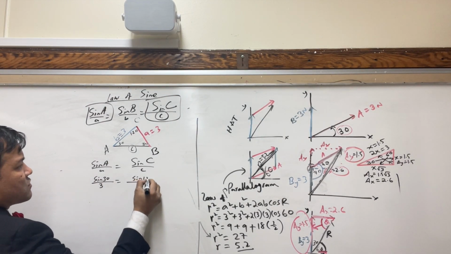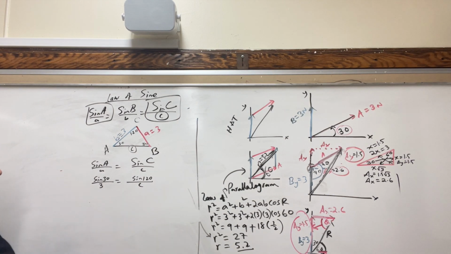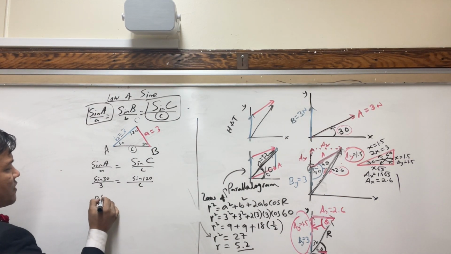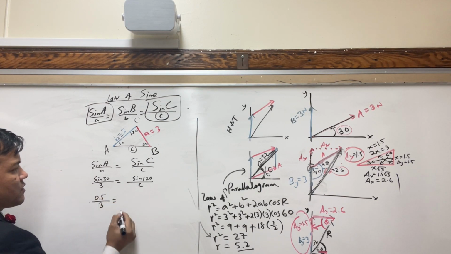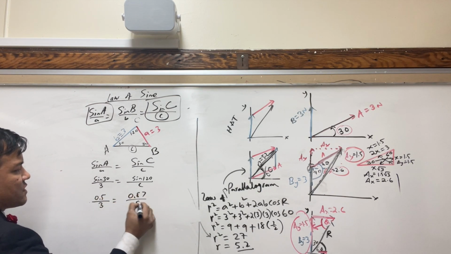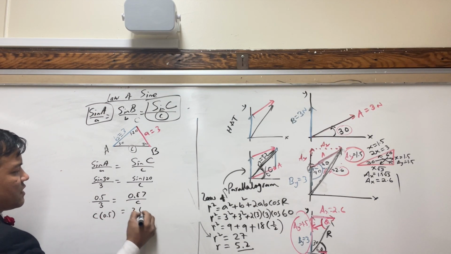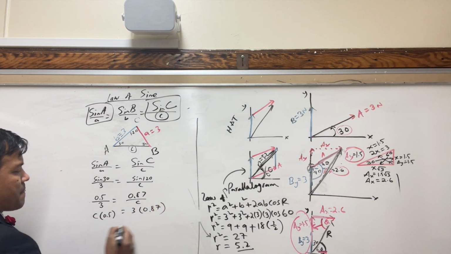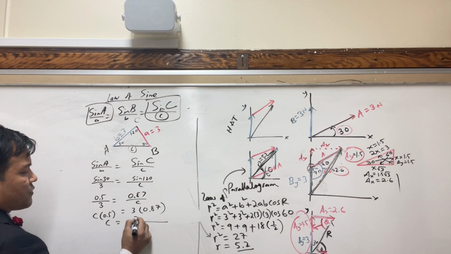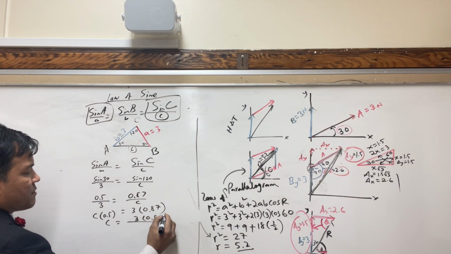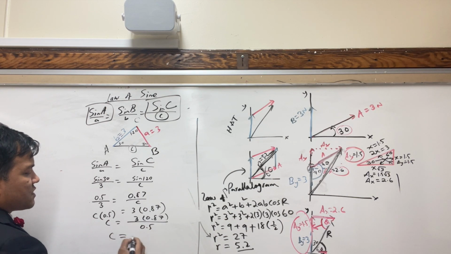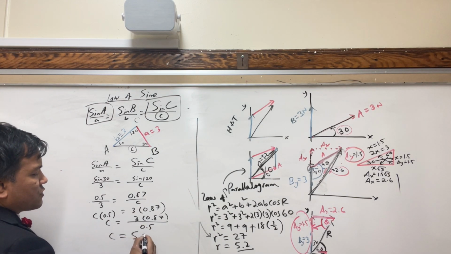Sine 120, and C is what we're trying to find. So sine 30 is 0.5 over 3 is equal to sine 120, which is 0.87, over C. C times 0.5 is equal to 3 times 0.87. So C is equal to 3 times 0.87 divided by 0.5. So C is equal to 5.2.